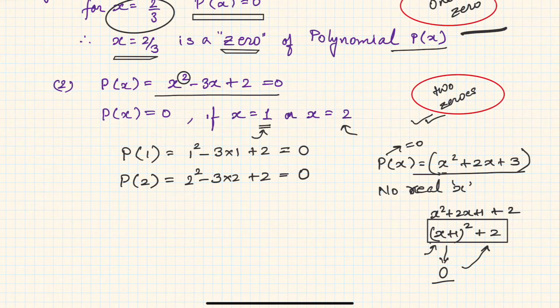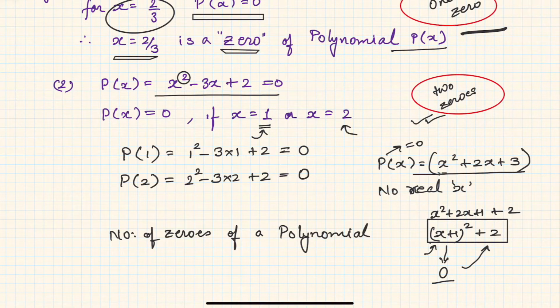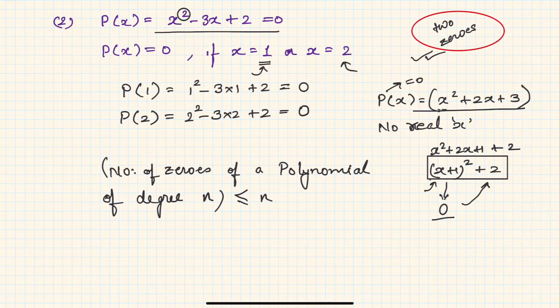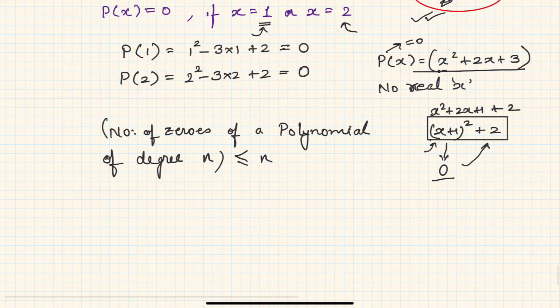Also, there is no possibility of getting 3 zeros. So always remember, the number of zeros of a polynomial of degree, let us say n, is always less than or equal to n.